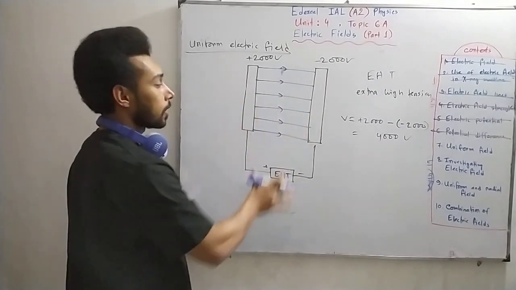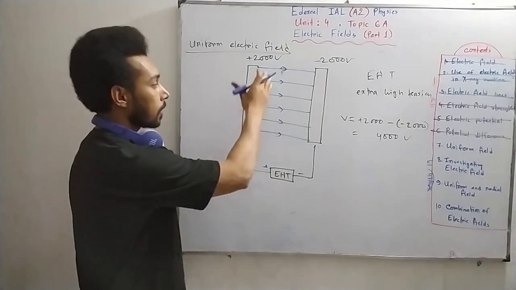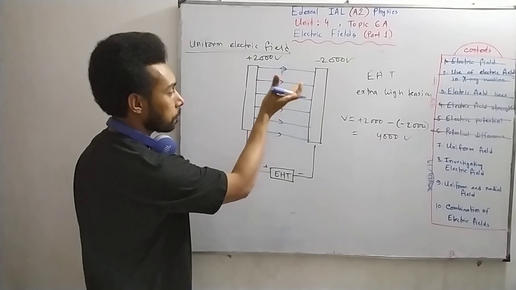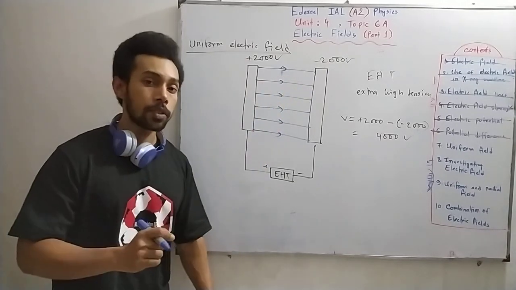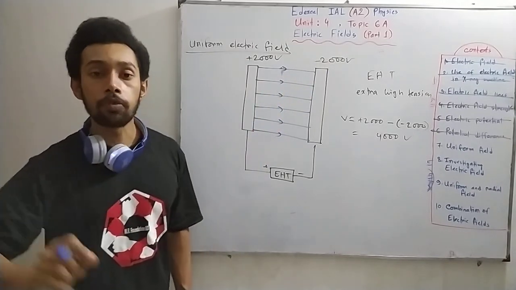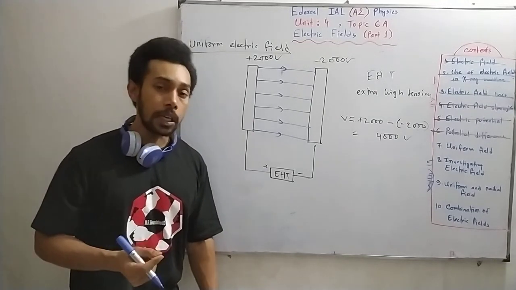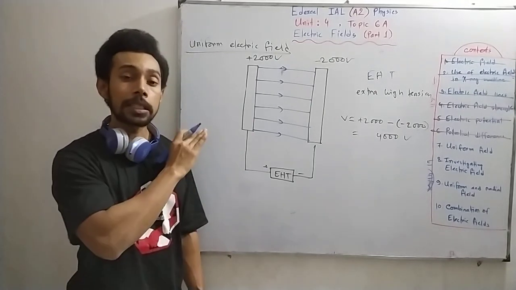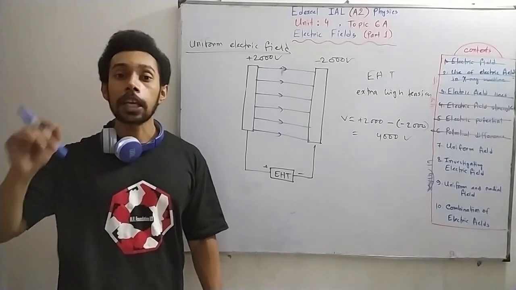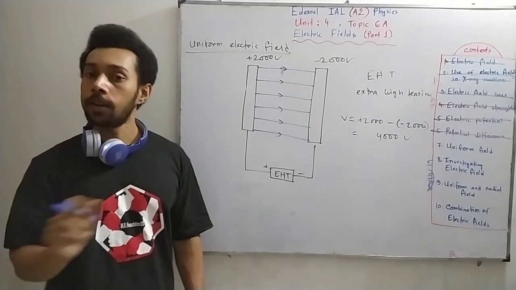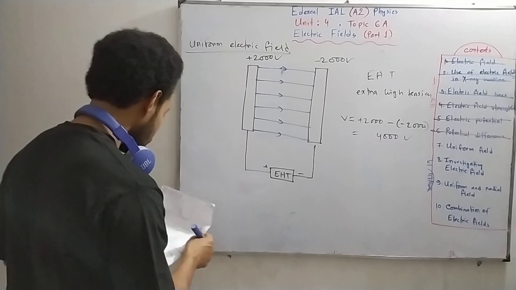In this case, since the field lines are everywhere equi-spaced and parallel, the field strength is the same anywhere within the field. So in a uniform electric field, the field strength is the same for every point within the field. Okay.